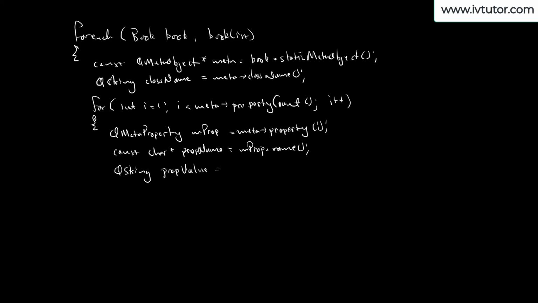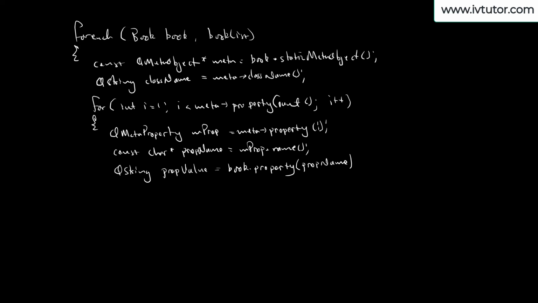equals, there are two ways of doing this. I'm going to go with one of the two ways. Again, your mprop dot read book. Actually, you know what? I'm going to go the other way. Let's just go book dot property, your property is propName.